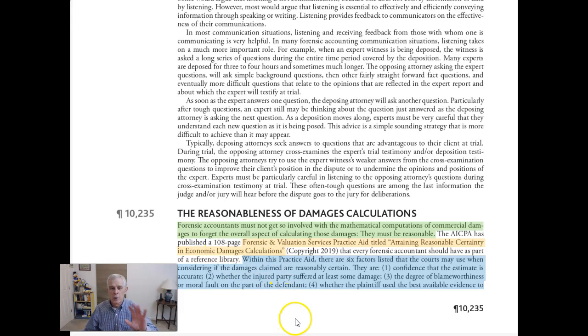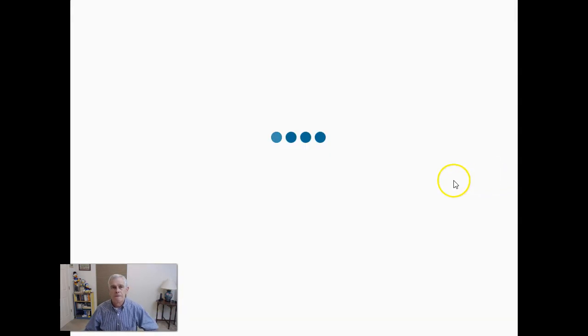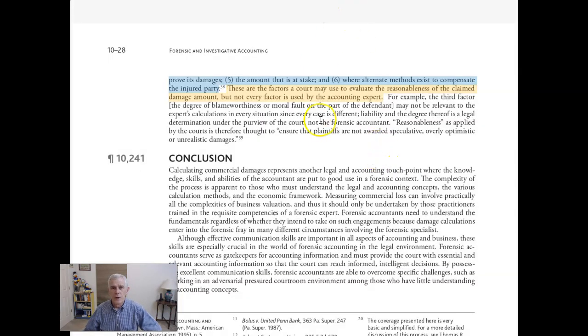Get a copy of it, read it. They say there are 6 factors you can read here yourself that you need to consider, and other people will consider, to decide are your calculations reasonable, because if they're not, they're thrown out, and you don't want that to happen. They continue over here. So that's the end of the chapter.